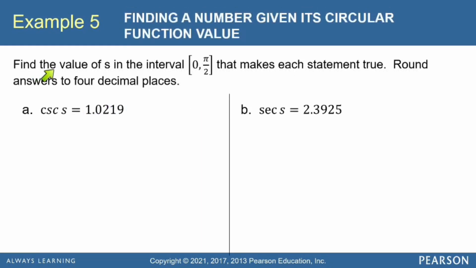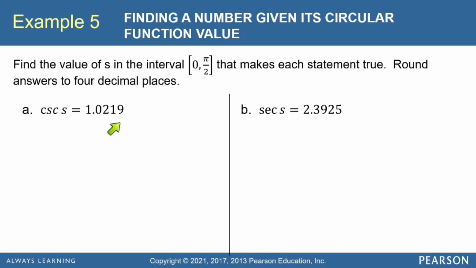And here's example 5. It says find the value of s in the interval from 0 to pi over 2 that makes each statement true. Round answers to 4 decimal places. Okay, so here we have in part A, the cosecant of s is 1.0219. Now we've talked about this before, so of course you know that if we had an inverse cosecant button on our calculators, we could do this example the same way we did part A in the previous example, but we don't.